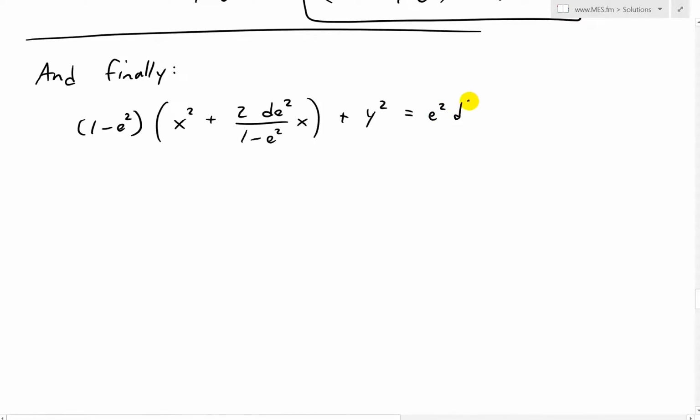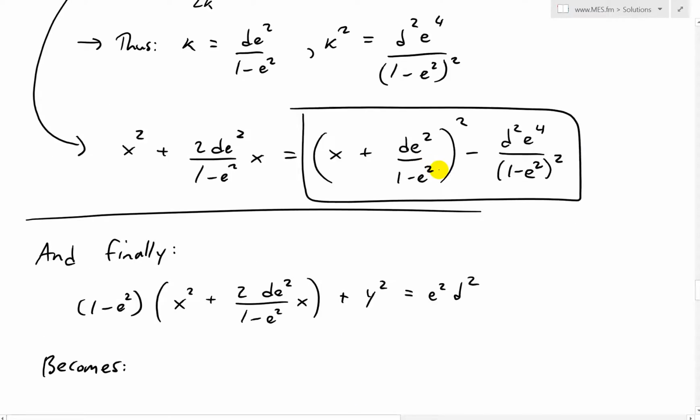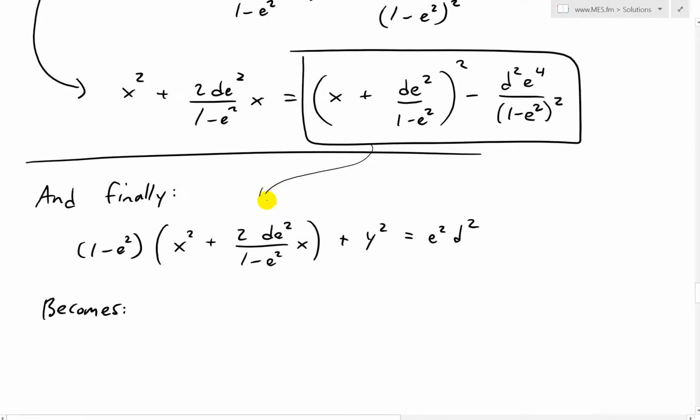This whole equation becomes, and we could write this and replace it with that. So this goes over there.